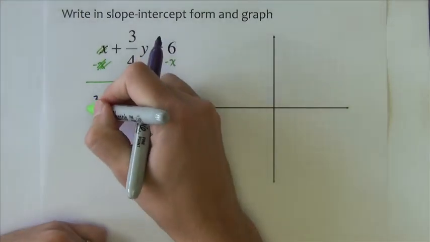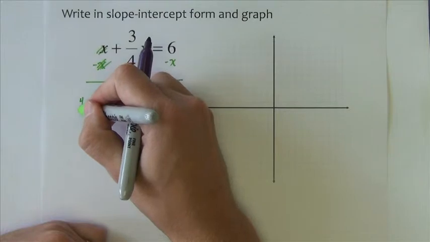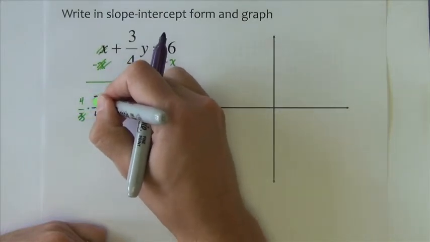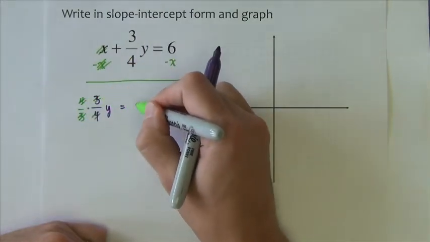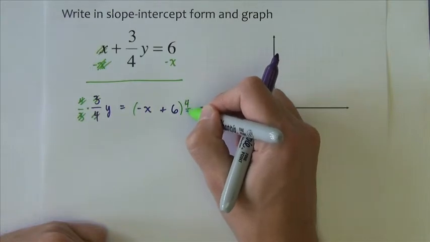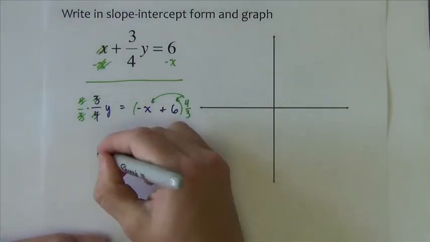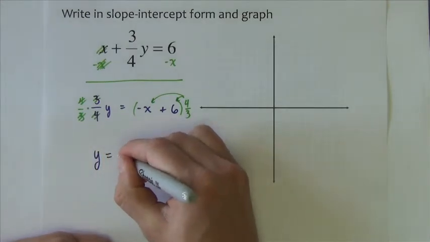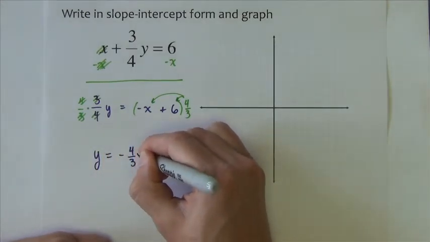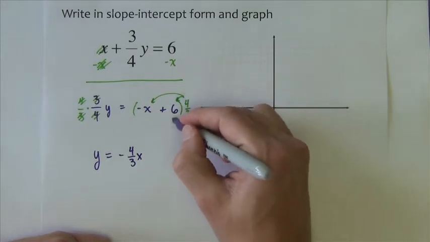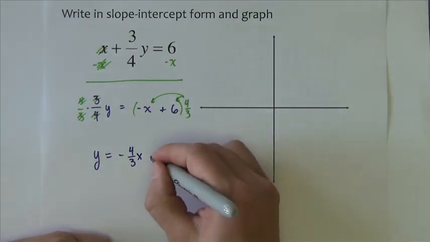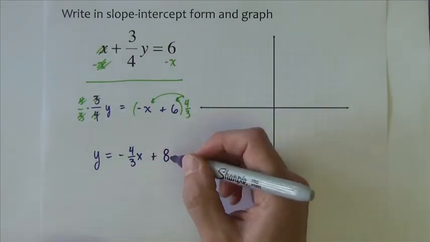To get rid of the 3/4, we're going to multiply by the reciprocal 4/3. So over here also by 4/3, which means distributing 4/3. So we get y equals negative 4/3 x, and then 4/3 times 6 is 8.